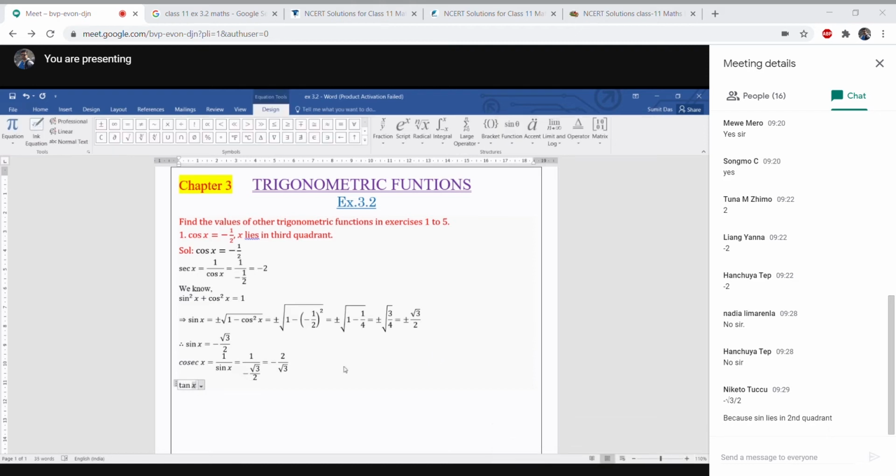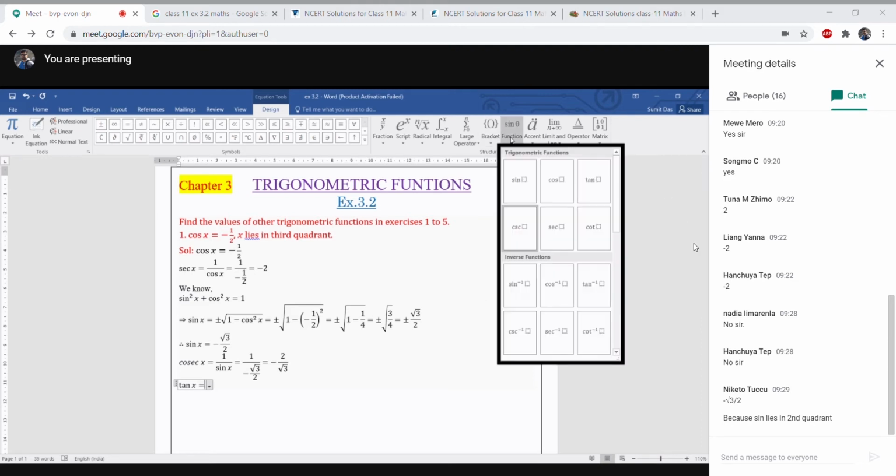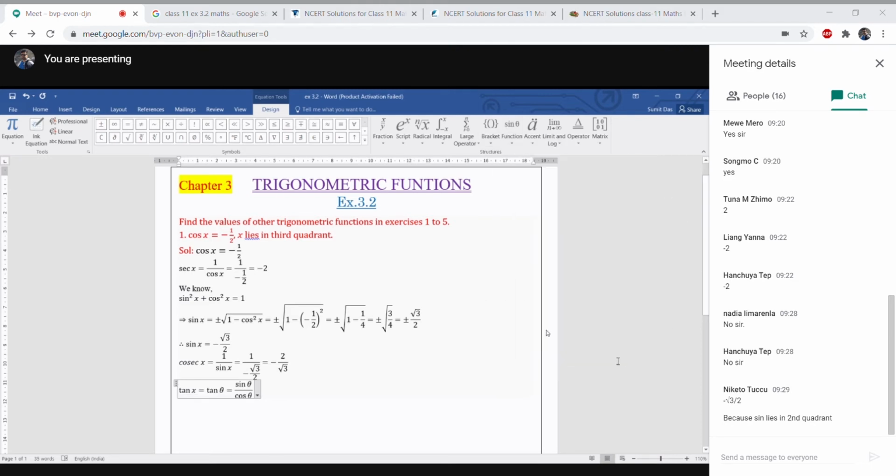Can anyone please let me know how to find the tan? How we can find the tan? Tan x equal to, we know that sin x divided by cos x, right? So just put down the value of sin and cos.